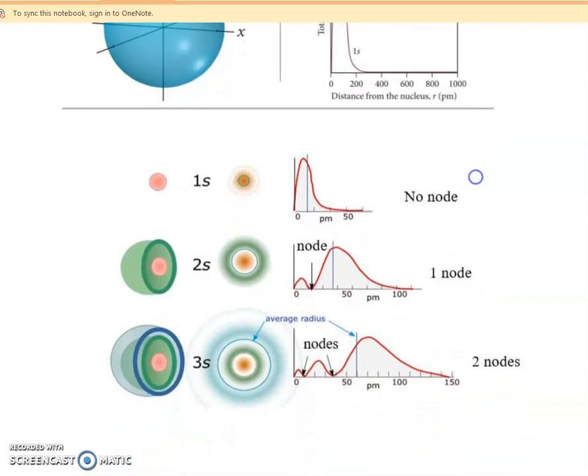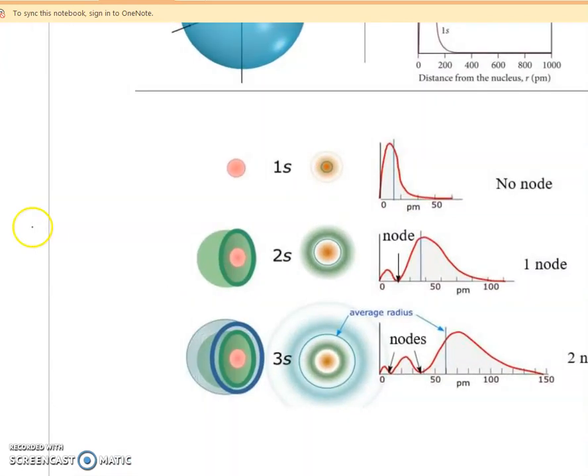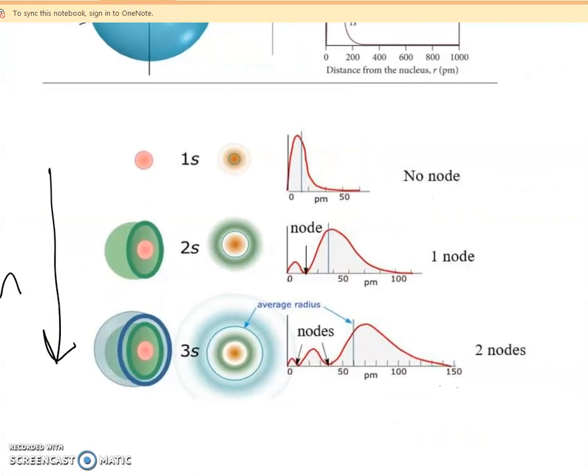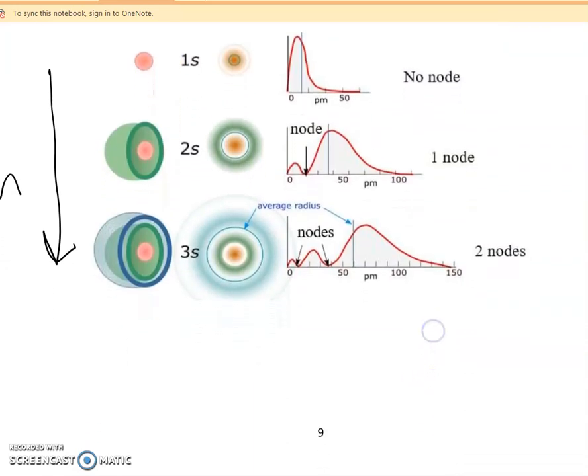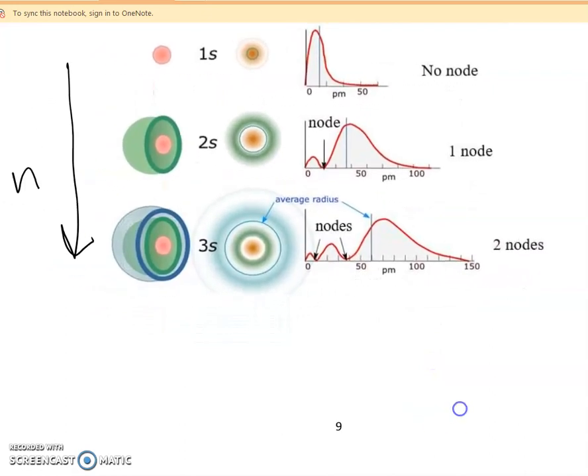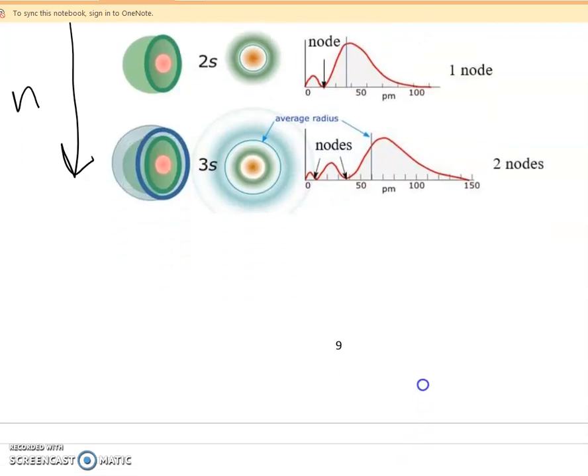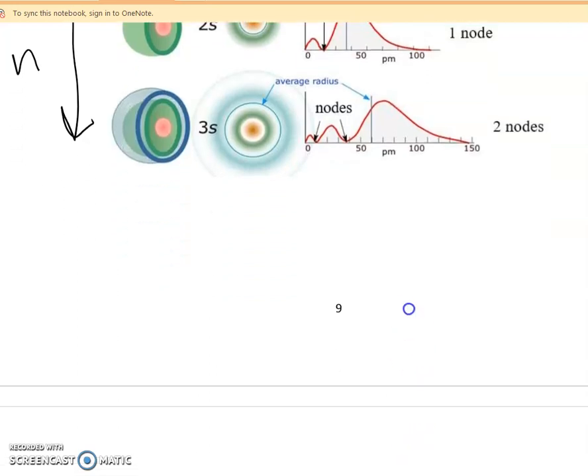But what I wanted to point out here again is what happens as n increases. So as our n increases in this direction, we know that the orbitals become larger and that they contain more nodes. Okay, so just going over that again, they become larger and they contain more nodes. So that's, again, refreshing our memory on s's.